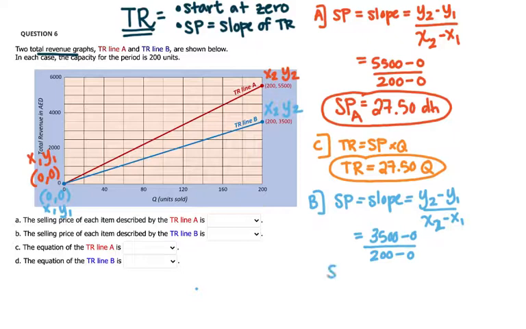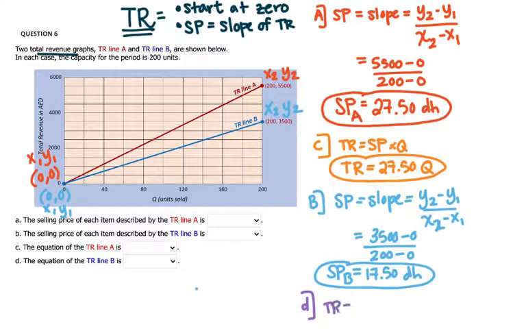And I'll get the selling price for product B would be 17.5, or 17.50 dirhams, is what we're selling that one for. And then in part D, they ask, what is the equation of the total revenue? That's just the selling price times the quantity. So in this case, it will just be 17.50 times the quantity Q.